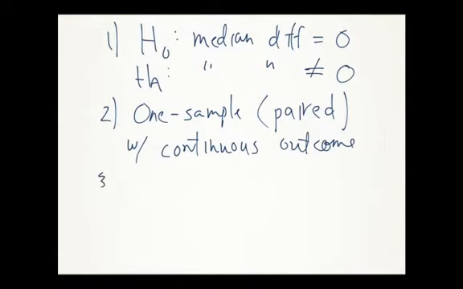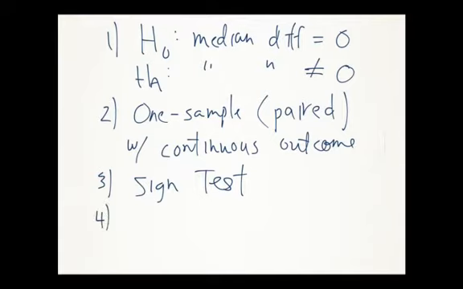Once we know our null and alternative and the type of data that we're working with, we can determine the type of test we're going to use. Here we're going to use the sign test because we only have 10 patients. We looked at our histogram. It didn't look very normal, so we weren't comfortable making the normality assumption that a t-test would require. So instead, we're going to use a nonparametric test, the sign test.